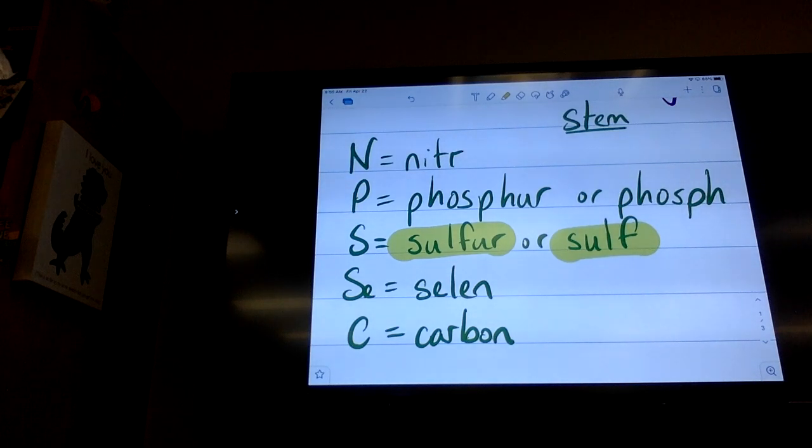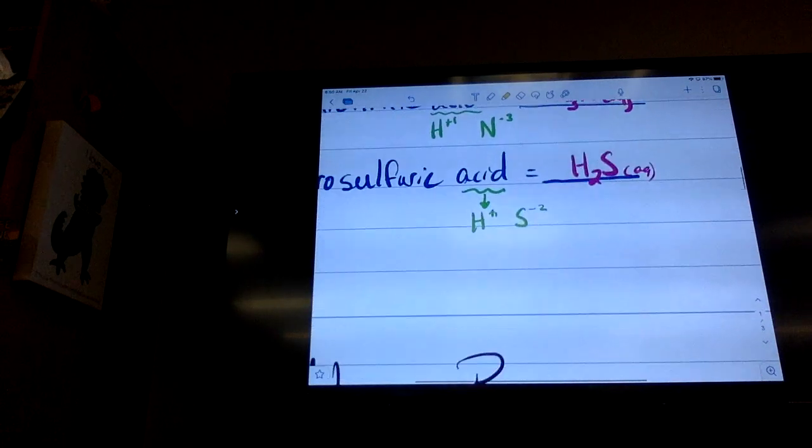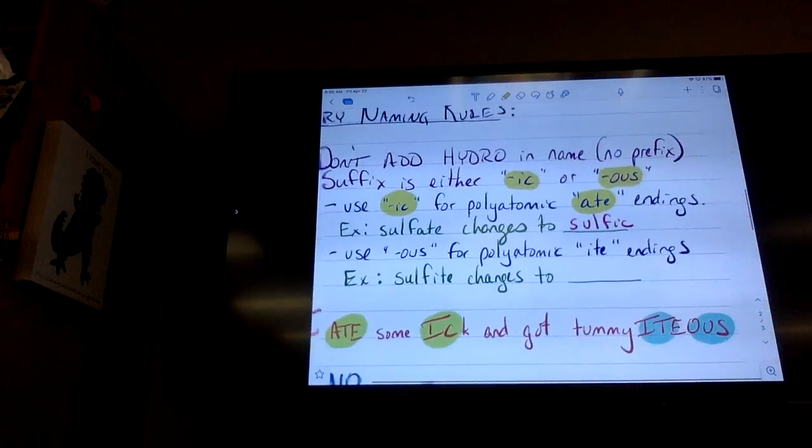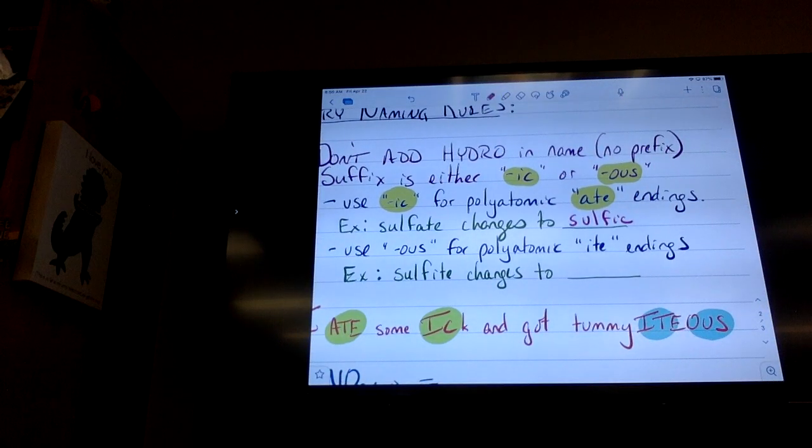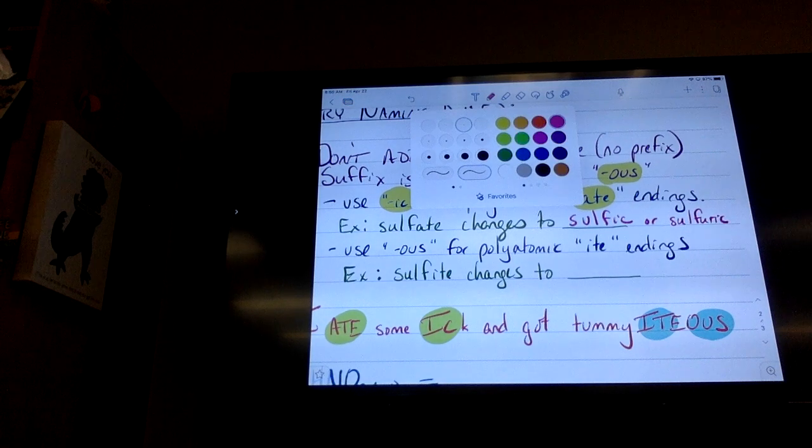I just wanted you to be aware that for phosphorus and sulfur, there's two spelling options, just in case you run up against it on the test or on a quiz, and I spell it different than you, you're going to know that that's okay. All right? Questions on that? Sulfic or sulfuric? All right.